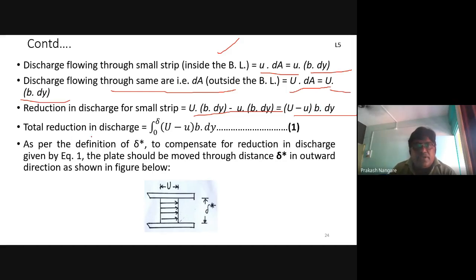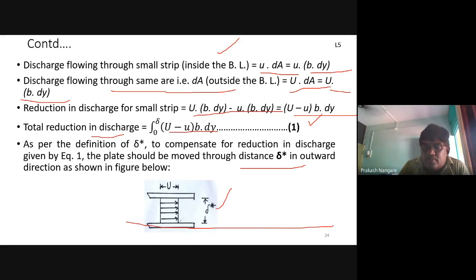Then the total reduction in discharge has the limits 0 to delta. Take this as equation number 1. As per the definition, delta star compensates for the reduction in discharge given by the earlier equation, and the plate moves through a distance delta star in the outward direction as shown in the figure from the boundary.